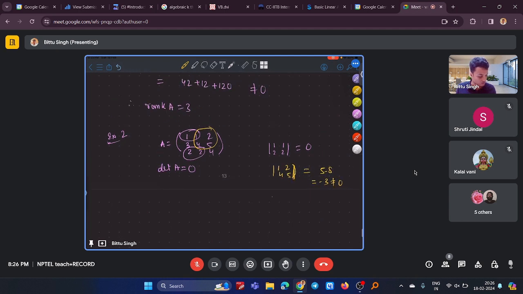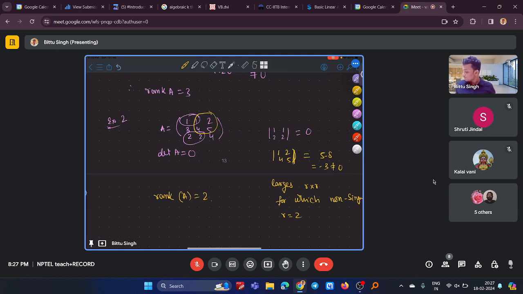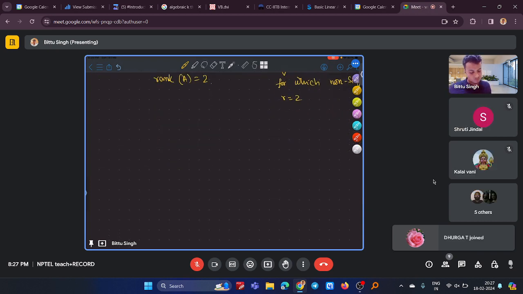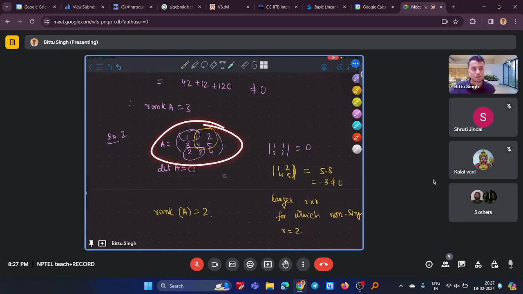Largest R by R submatrix which is non-singular: for this case, R is 2. Hence, rank of A is 2. So those are the nice things. Instead of performing row operations, you can just check determinants.